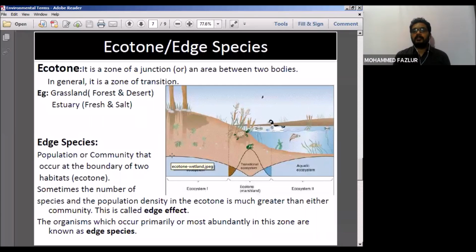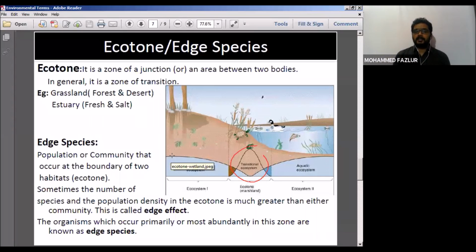For example, we'll take the case of a frog. A frog can survive in water, that is the aquatic ecosystem. A frog can also survive on land, so a frog can survive in both areas. So a frog can be considered an example of an edge species.